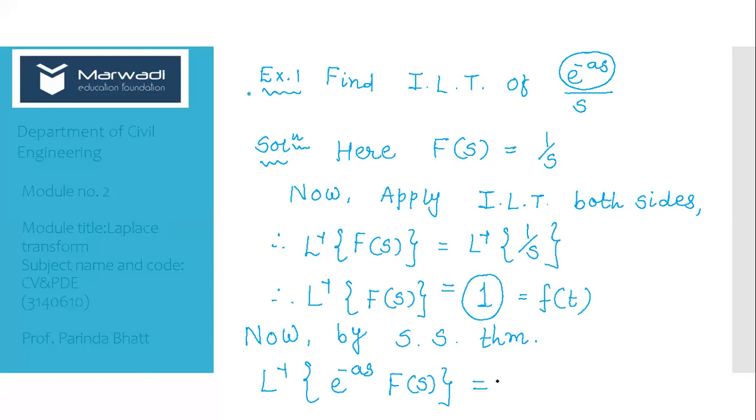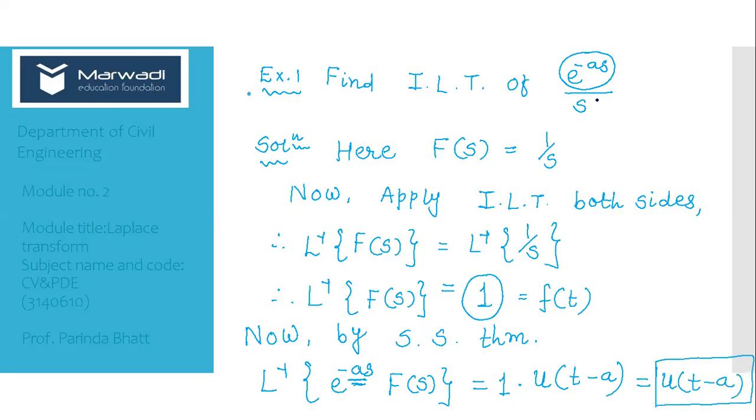But this is a constant term, therefore it remains as it is, and u(t minus a). We get the value of a from here. If in place of a there is 2, 3, 4, omega, alpha, any term, then you have to apply that term in place of a. Therefore the answer is u(t minus a). This is the answer for this first question.